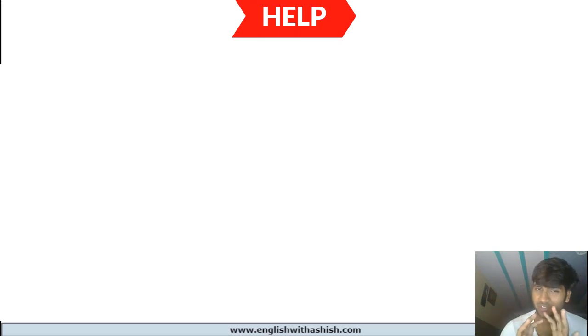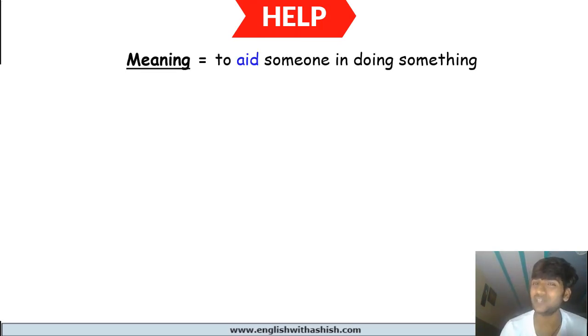Now, another verb that can be used as a causative verb, that is a semi-causative verb, is help. Help doesn't exactly cause somebody to do something, but it does aid, it does support the person in doing the action. So technically we can call it a semi-causative verb.